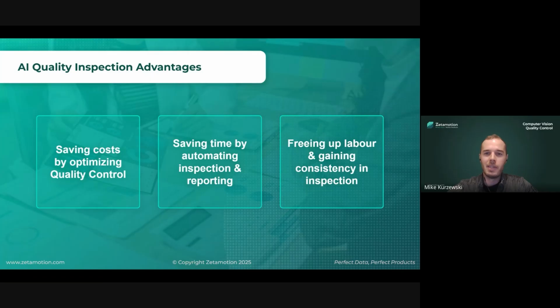They start missing certain defects. Even if they change shifts and the next person comes along, they might look at defects differently. What they consider okay and not okay might be slightly different to the previous person. And that also comes in the supply chain stages as well. So AI inspection can help standardize your inspection process and make sure you're getting consistent quality control outputs throughout production.